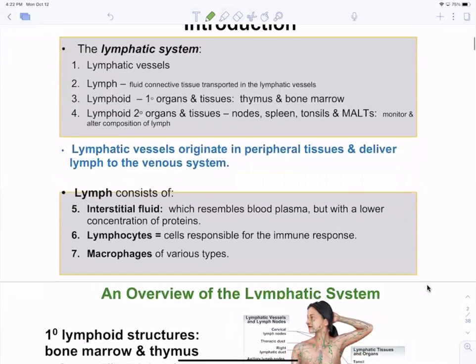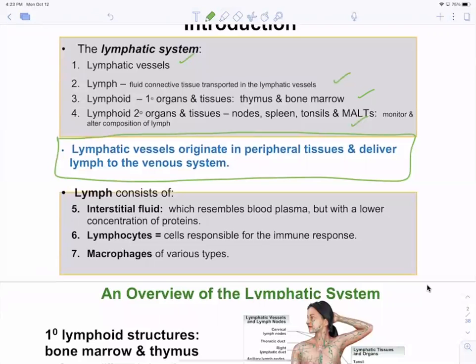So a couple of things. The lymphatic system is the lymphatic vessels, the lymph fluid, and again, primary and secondary lymphatic organs and tissues, and we'll talk about those. Again, really important to understand, lymphatic vessels originate in the peripheral tissues.